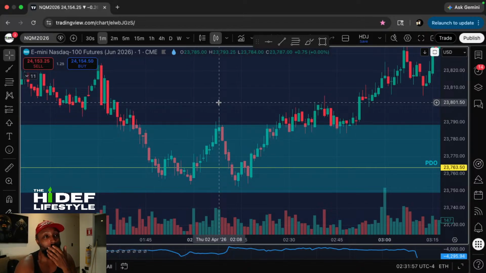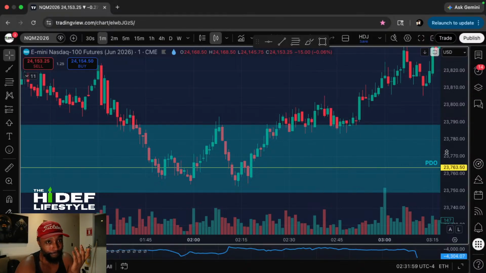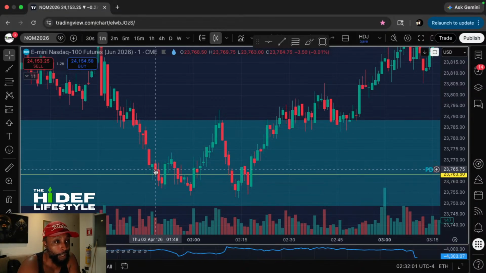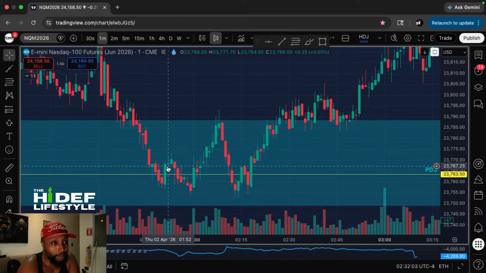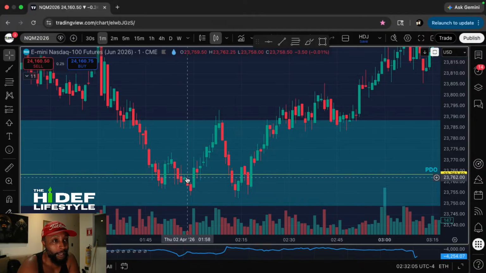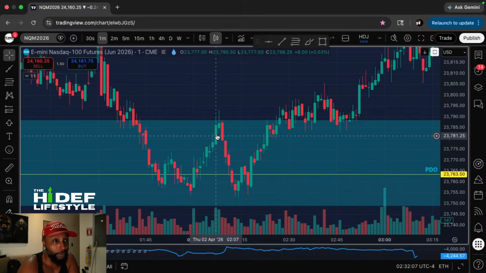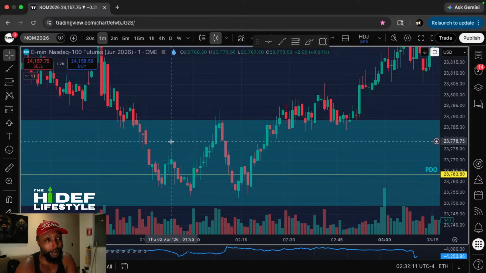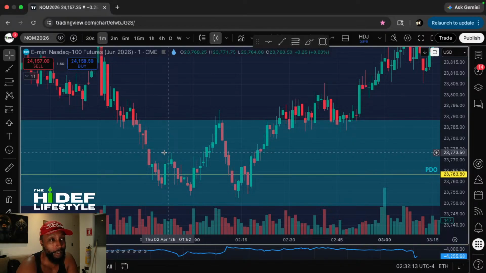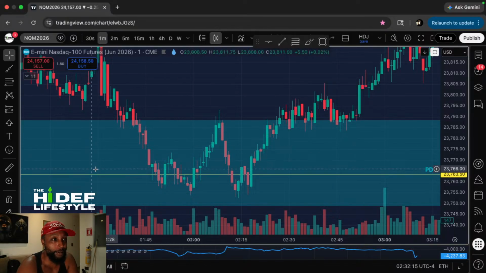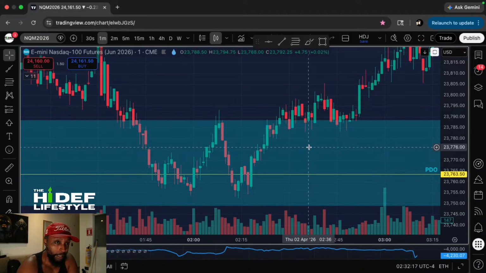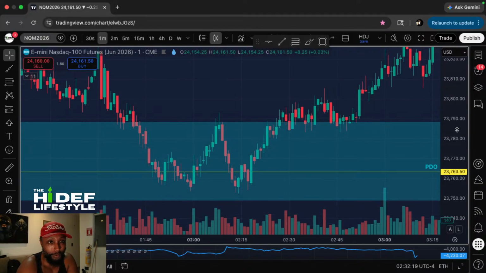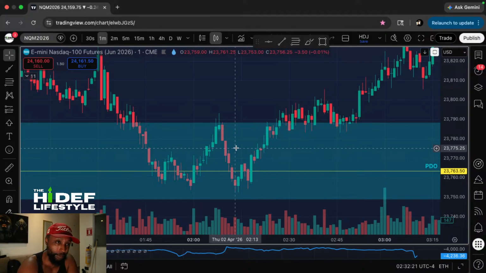But here we go, right? This little push up here was nothing, but this push up from yesterday was the aggressive move to the upside, broke structure right here. And this blue area, if you're wondering what this is, it's just a volume cluster from a few days ago.